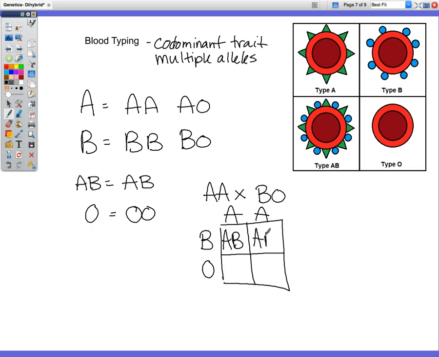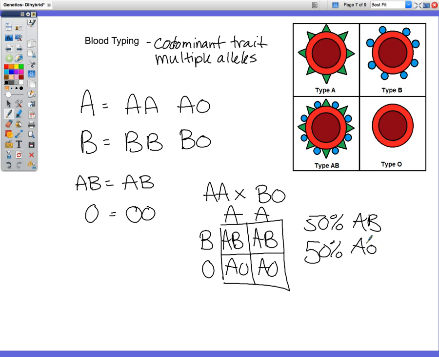So we fill out our Punnett square. So you have a 50-50 chance, so 50% chance of the child being a B blood type, or you have a 50% chance of the child being A blood type with the O as a recessive trait.